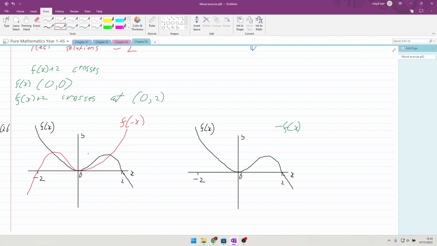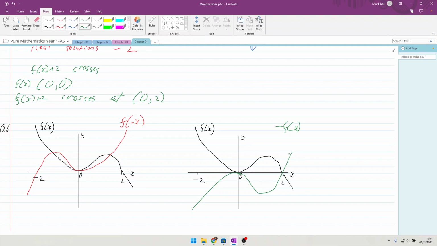And for the minus f of x, it's a reflection in the x-axis. So that means it's going to start down in the negative. It's going to come up to the 0, and it's just going to skirt the 1. How many lines up did I go? 2 and a bit, something there, and carry on out of the x.